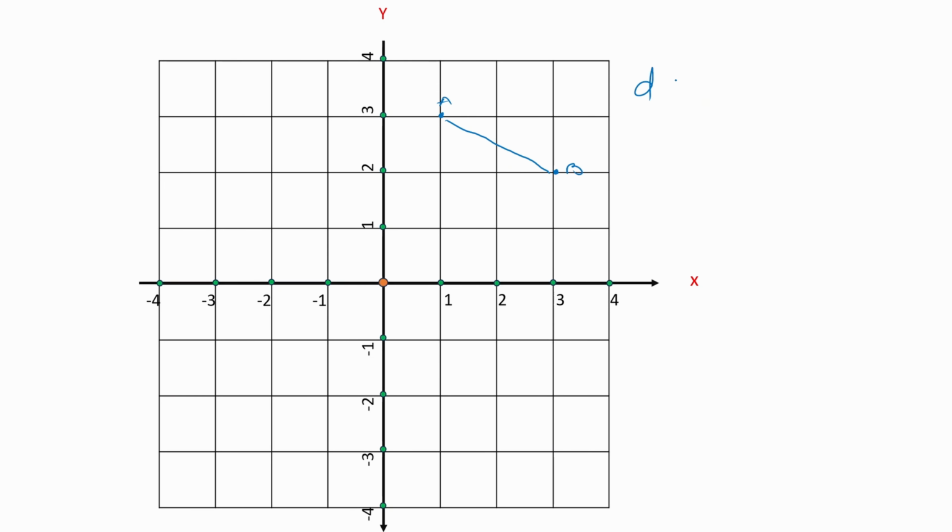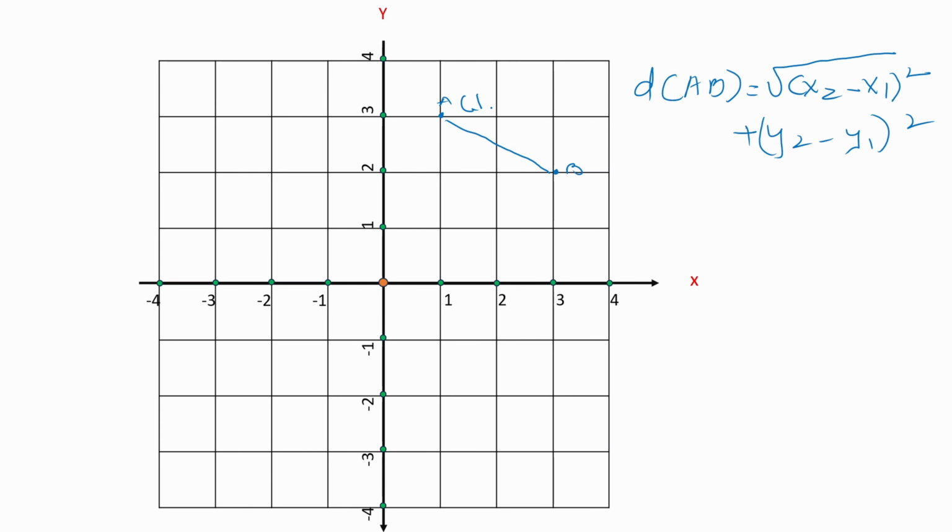So distance of A to B is given by square root of (x2 minus x1) square plus (y2 minus y1) square. Now the coordinates of point A are 1, 3.